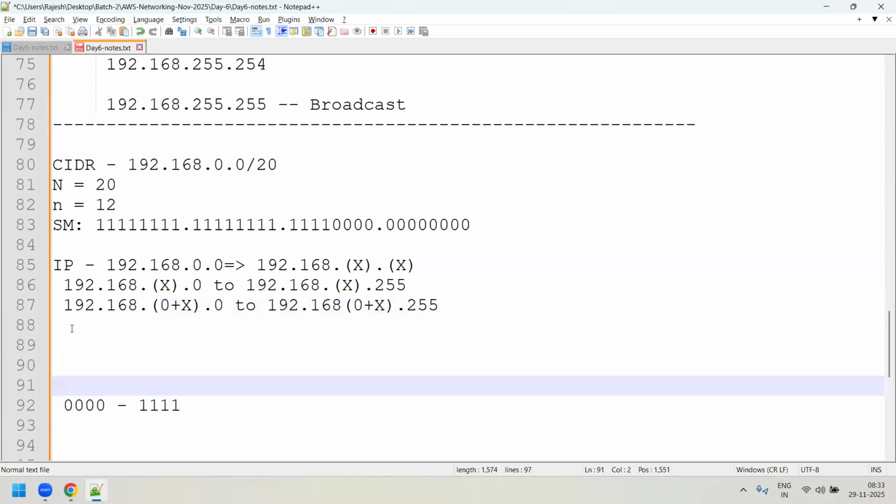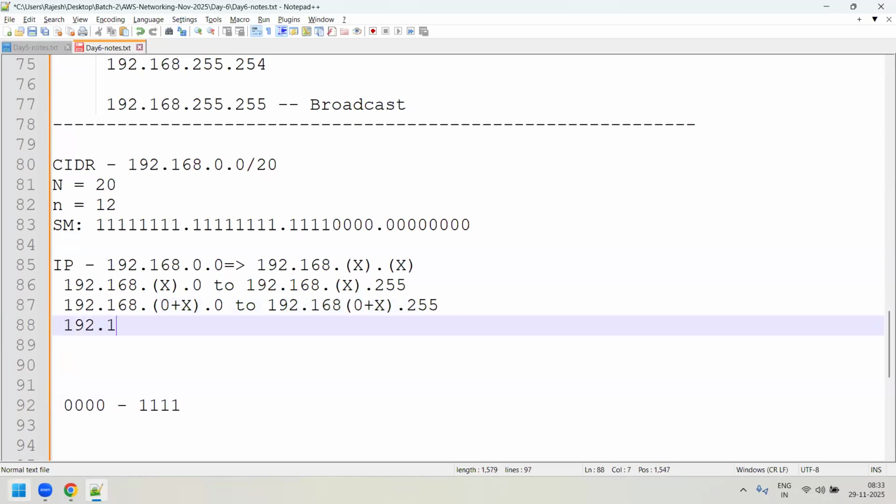So, Rajesh, it is 192.168.0.0, because this X will be either 0000, and we know that 0000 is 0 only, no? So plus 0, dot 0, to 192.168.0 plus what will be the 1111 value, guys?